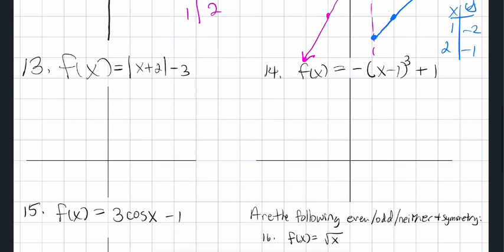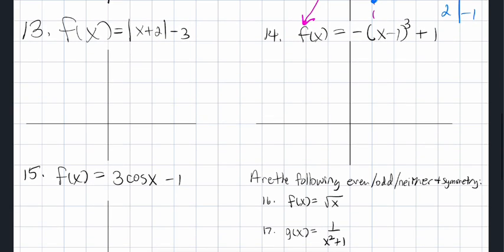You are going to have to graph an absolute value function like we see for 13. An absolute value function is that V. I have not put any kind of thing to stretch it, so it has just moved nicely. So instead of being at 0, 0, our V looks like this, it's going to move to the left 2 and down 3.